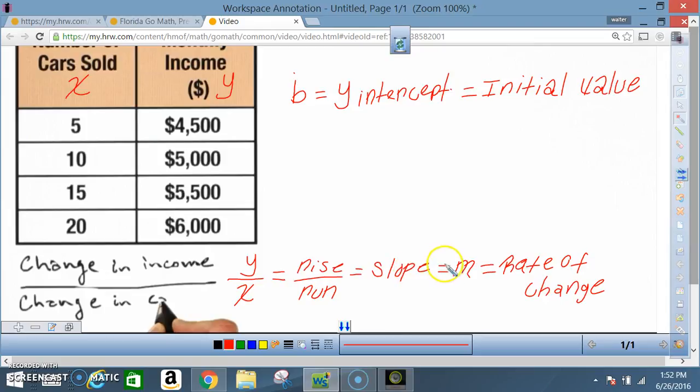Your slope is also called m. And m, or your slope, is the same as the rate of change. So rate of change and slope is the same thing. Rise over the run, which is y over x. Also don't forget, b is called your y-intercept. And the y-intercept is the initial value.